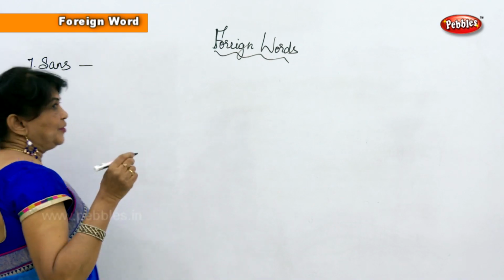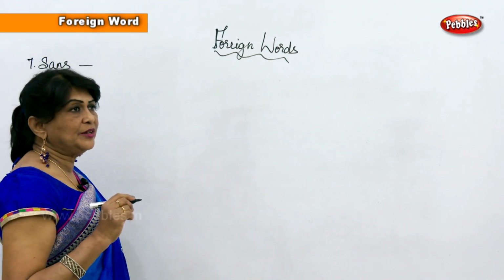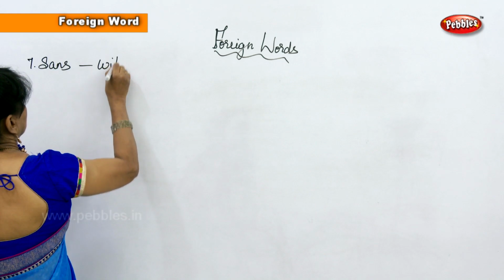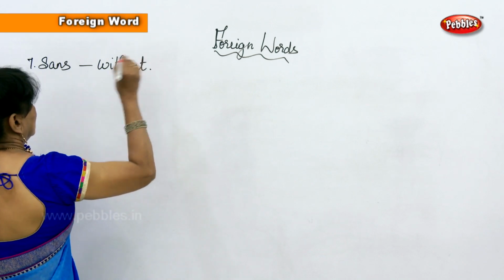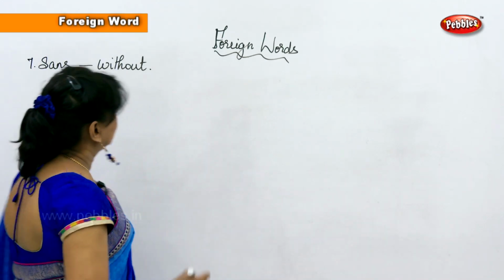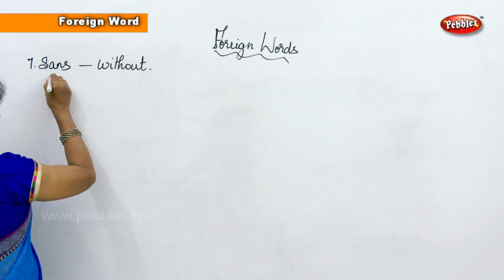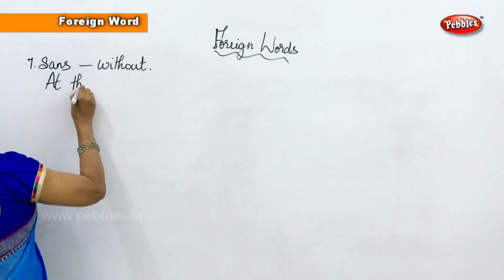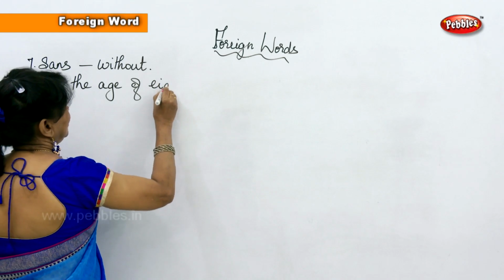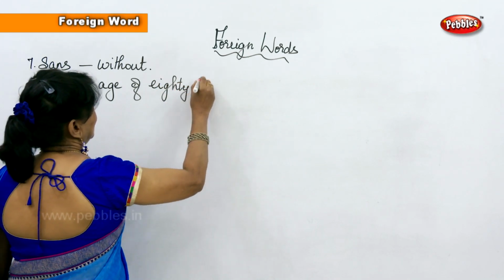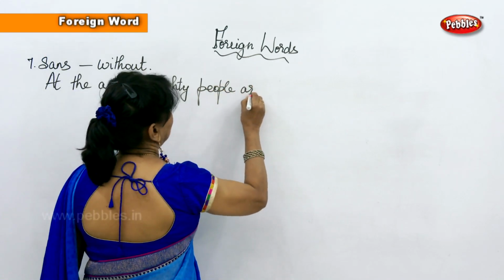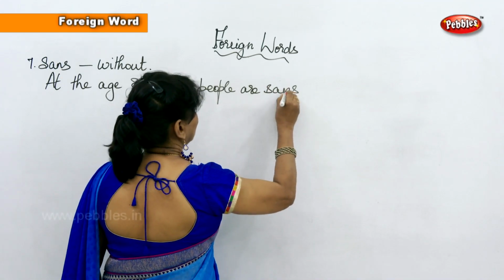This is the 7th one, S-A-N-S. This is also a French word. A lot of words we have derived from French, and this sans means without. Okay, without. I'll just give you an example: at the age of 80, people are sans teeth.